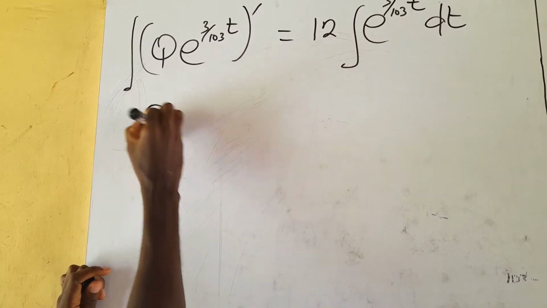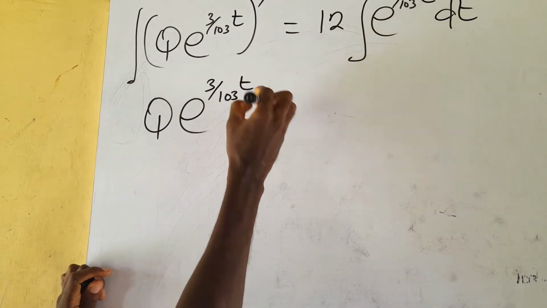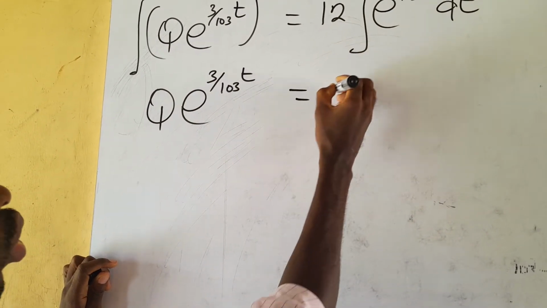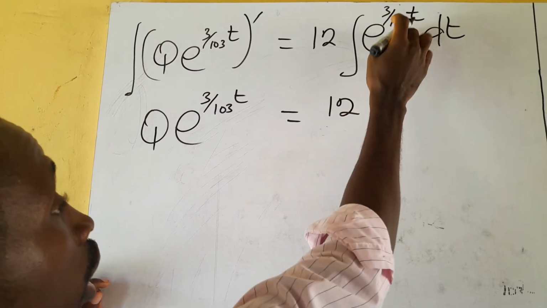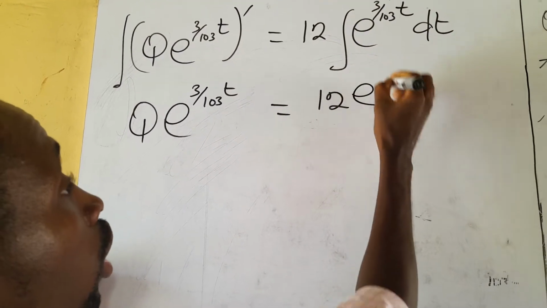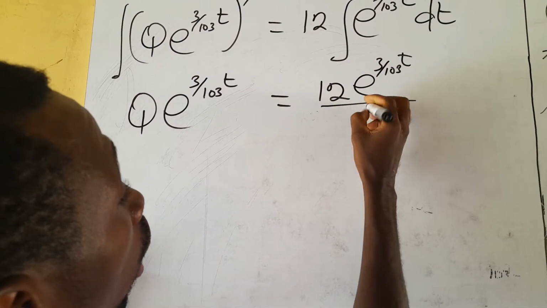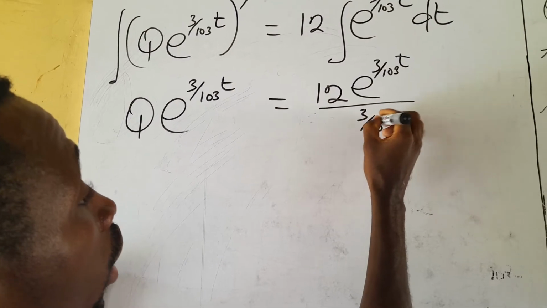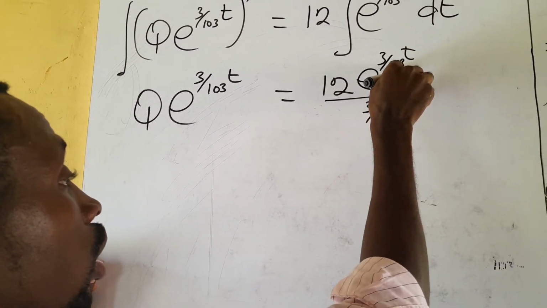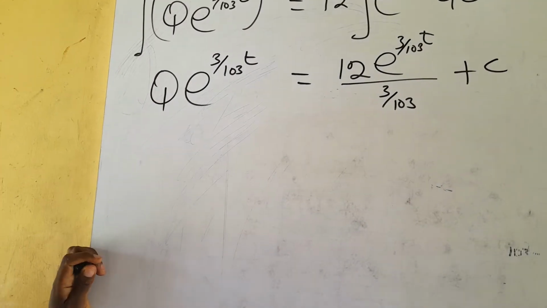So this will be nothing but q e to the power 3 over 103 t, equal to 12. Remember how to integrate this. We'll differentiate the exponent and use it to divide. So this will be e to the power 3 over 103 t all over 3 over 103. So when we differentiate this, it will be 3 over 103. Then plus our constant c.